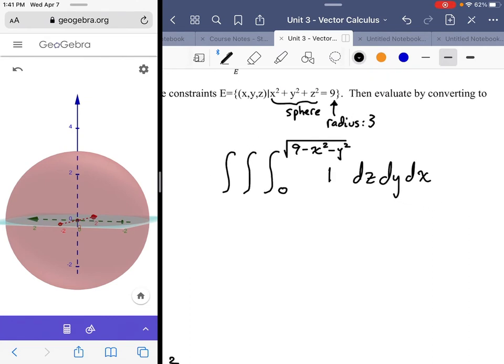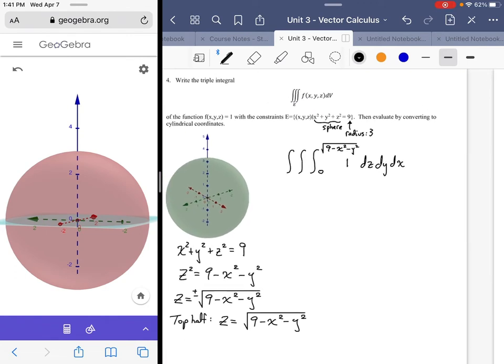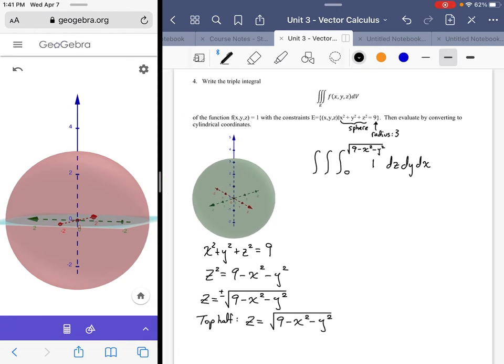Now, in terms of the x and y constraints, it's not a rectangular set of constraints, so it's not a matter of saying that we're going out to some constant in x and some constant in y. One of them may have constant bounds, but the other one is certainly not going to, because it's not a rectangular base region.